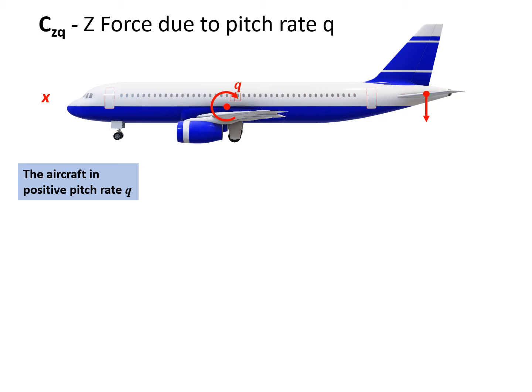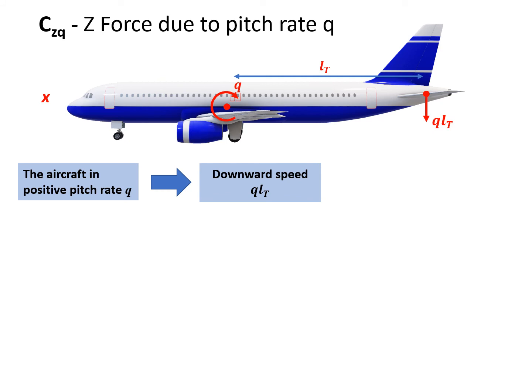To get this vector, we need to know the moment arm, the distance between the aerodynamic center of the elevator and the CG of the aircraft. We denote it by LT. So the vertical velocity, the downward velocity acting on the elevator, is Q times LT. That's a downward speed of the elevator.